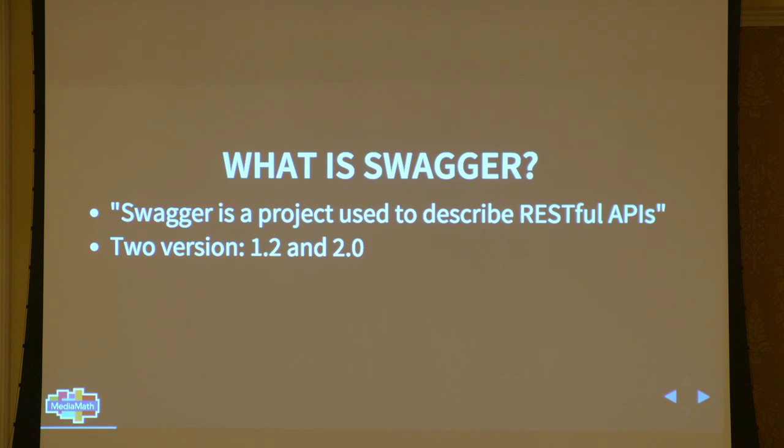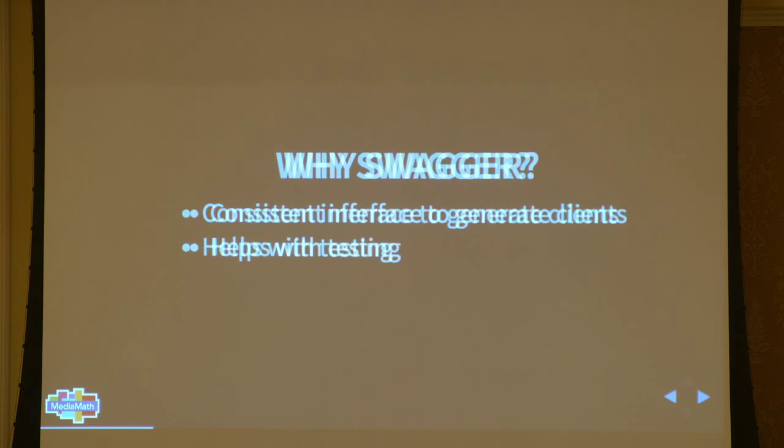That data structure can be parsed by various readers, and it describes resources in your API. So for example, you can say that this route accepts the following parameters, and it will return this sort of data.